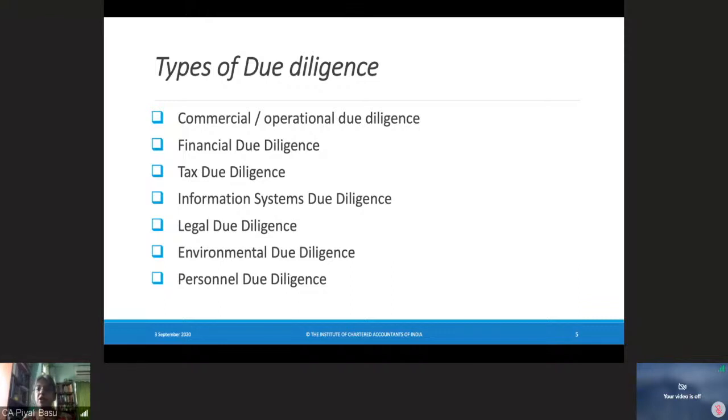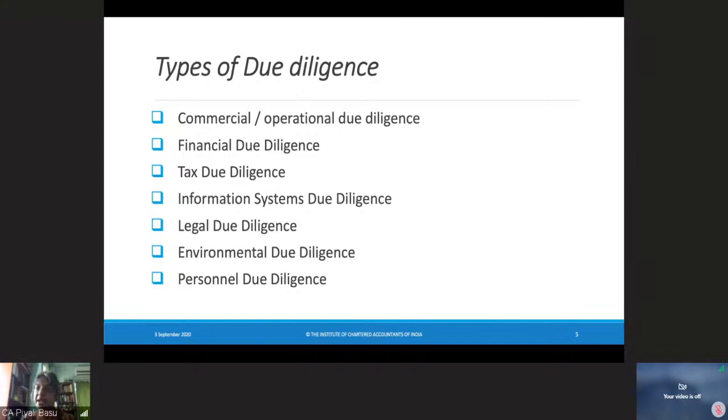Because it is not forming part of the balance sheet and profit and loss account, there is a possibility that several cases are not reported in the contingent liability. So just by looking into the audited annual report, one may not identify such gray areas. And in due diligence, that should be taken up. Whether all taxes are paid, and we are not talking of income tax only, all direct and indirect taxes.